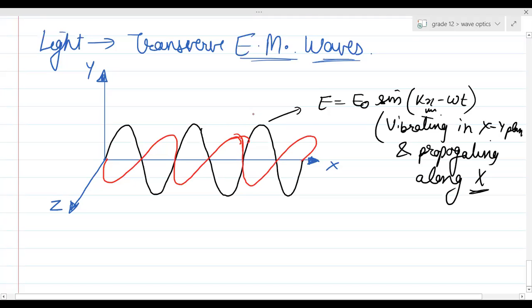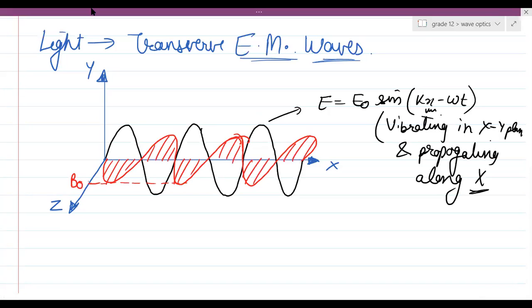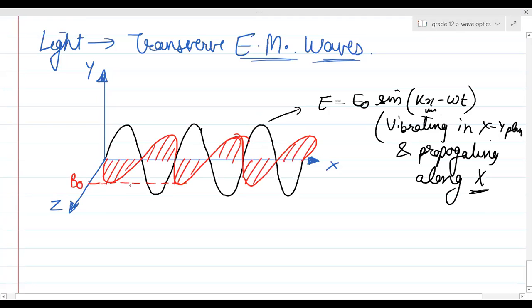Can you see over here? This maximum amplitude is B naught, and it oscillates in this plane, right? The magnetic field is oscillating in the XZ plane, whereas the electric field oscillates in the XY plane. I'll write the equation for the magnetic field as well.